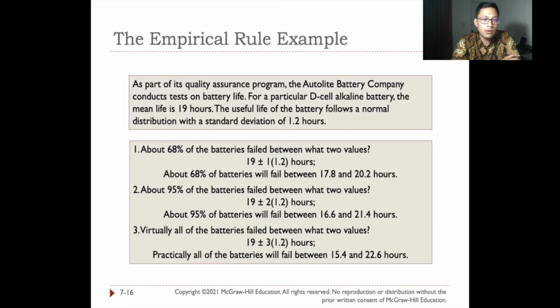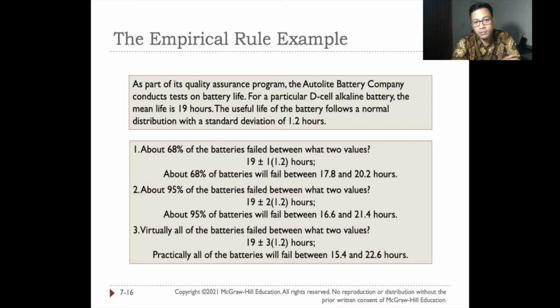Now, about 68% of the batteries failed between what two values? Well, it's going to fall between plus minus 1 standard deviation. So it's going to be 19 plus minus 1 multiplied by 1.2 hours, which is between 17.8 and 20.2 hours.